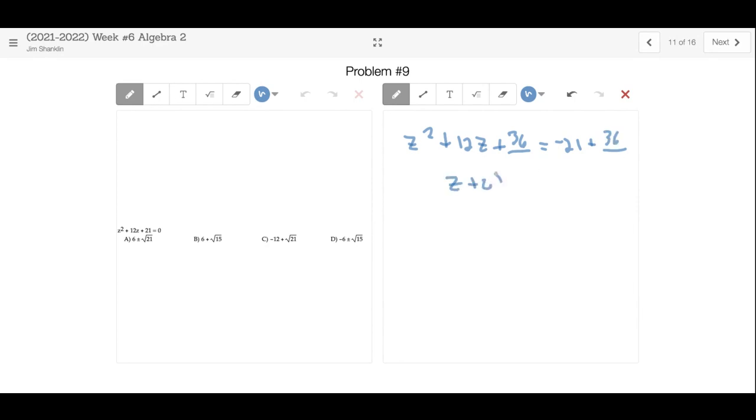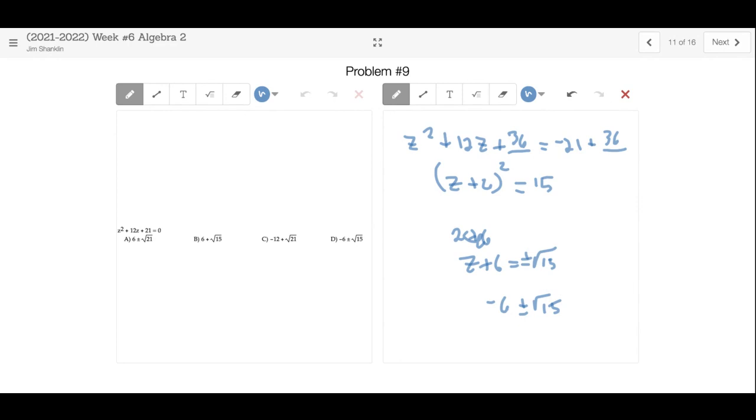So this is going to be z plus 6 squared is equal to 15. So z plus 6 is equal to the square root of 15 plus or minus. Subtract the 6 off, so negative 6 plus or minus the square root of 15. Kind of looks like the last one we did.